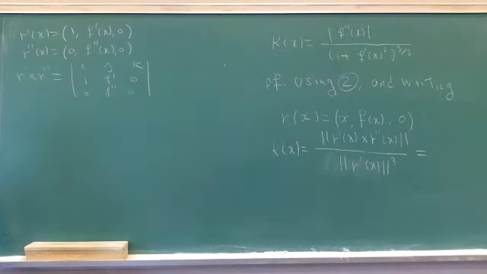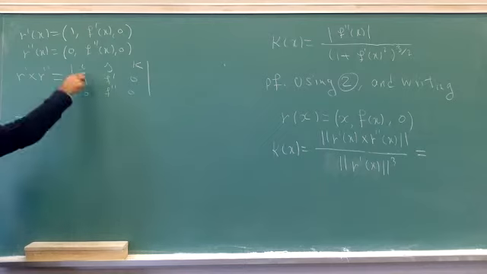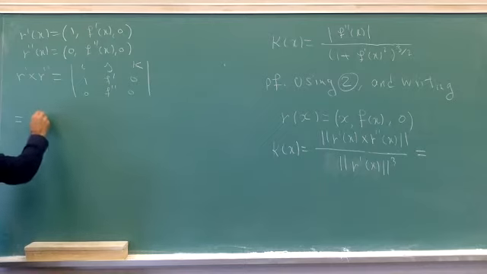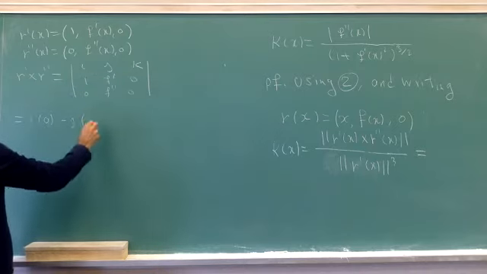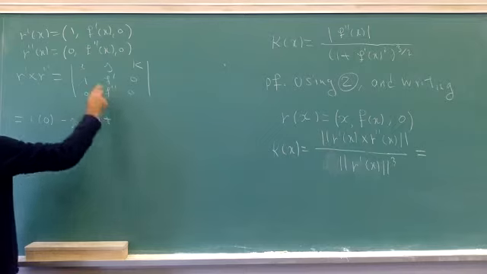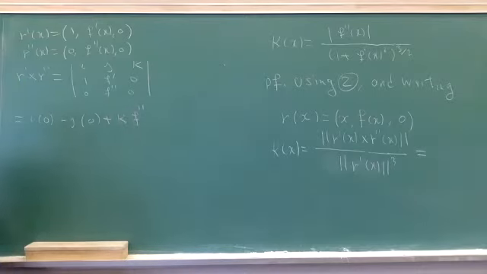Determinants that have a lot of 0s in them are very friendly because you can easily compute. So the i component is 0, the j component is also 0, and the k component is just f double prime.